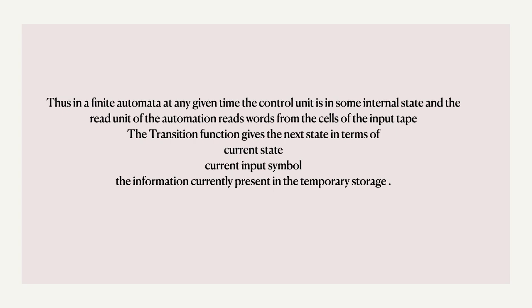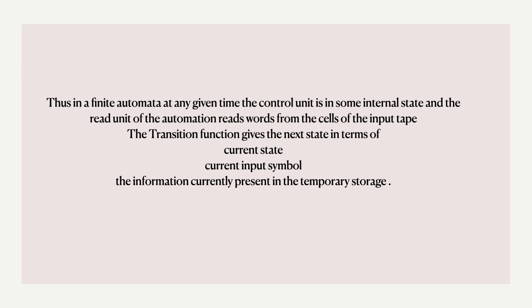So in a finite automaton, at any given time, the control unit is in some internal state, and the read unit of the automaton reads words from the cells of the input tape, and transition functions give the next state in terms of the current state, the current input symbol, and the information currently present in the temporary storage. That's very simple language we can say.